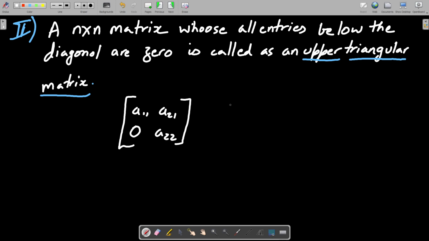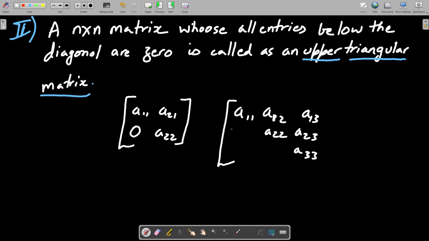This is in the 2 by 2 case. 3 by 3 is A11, A22, A33. Okay, so this is how the upper triangular matrices look like.